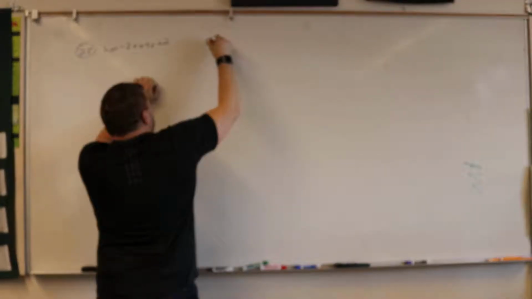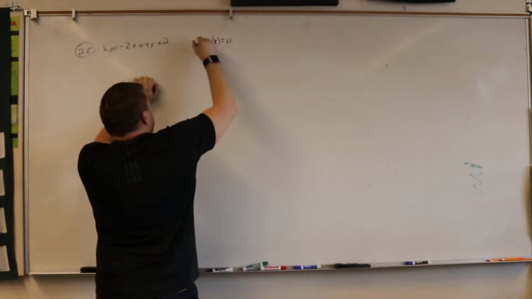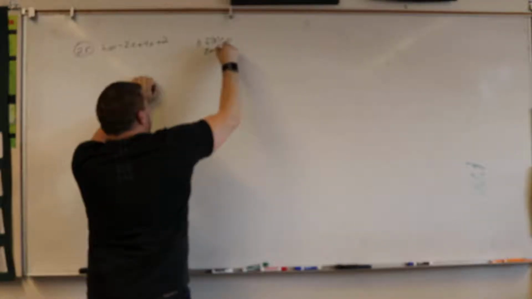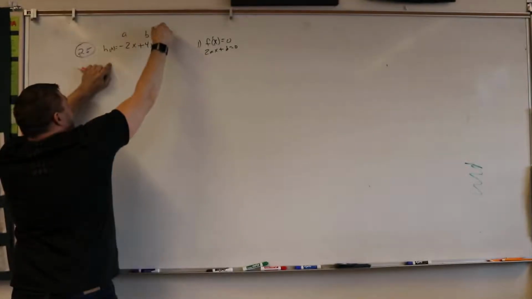F prime of x is equal to 0. So 2ax plus b equals 0. Remember, a, b, c.